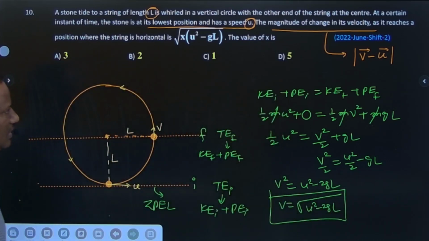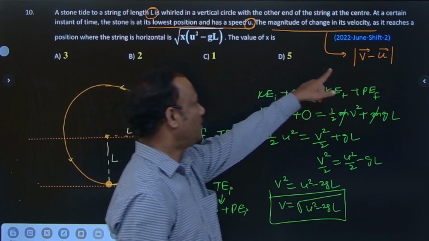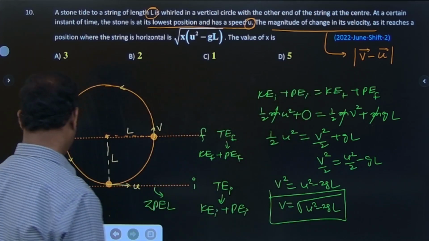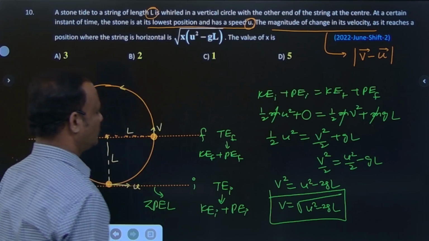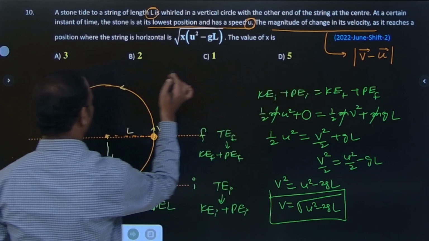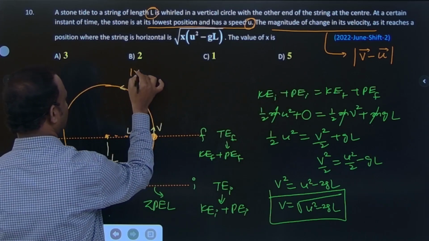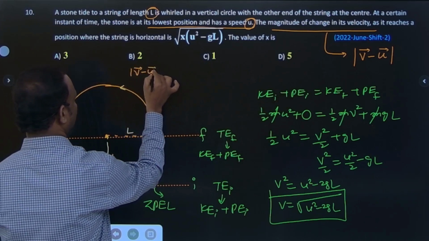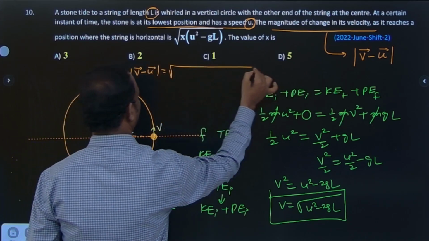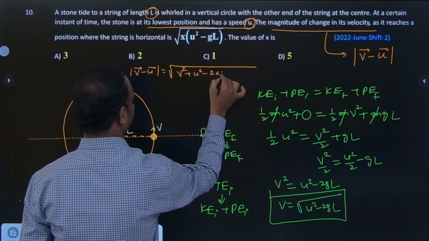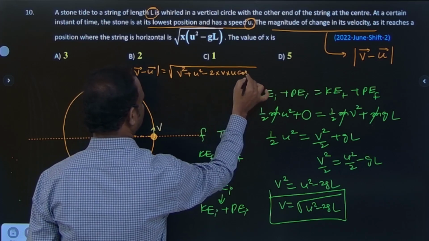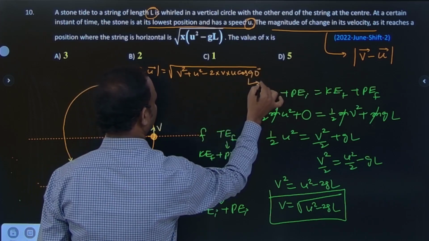Now the question asks for the magnitude of change in velocity. We can use the magnitude of v bar minus u bar, which is the square root of v square plus u square minus 2vu cos 90. Cos 90 is 0.